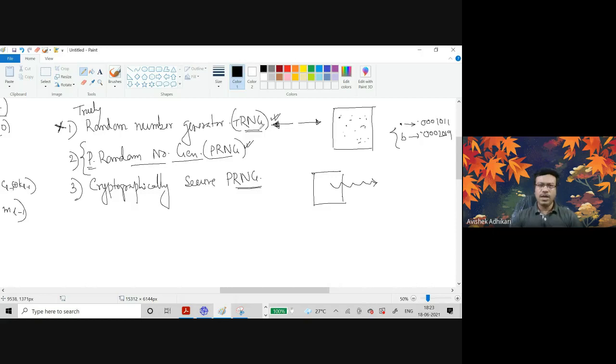Okay. Very often in C programming we use the rand function for random numbers. I think you all must have used the rand function in C programming, in ANSI C. I'm giving you this as homework.